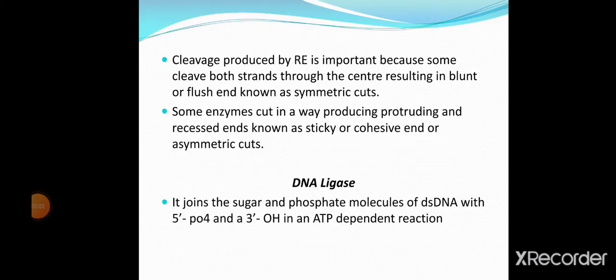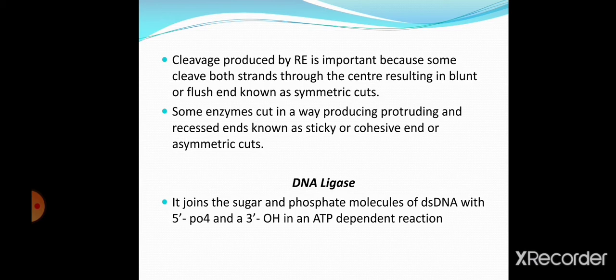Next, the cleavage produced by a restriction enzyme is very important, because some enzymes cleave through the center and some enzymes cleave in a way that produces protruding or recessed ends. Now let us see what symmetric cuts and asymmetric cuts are. Symmetric cuts are otherwise known as blunt or flush ends.